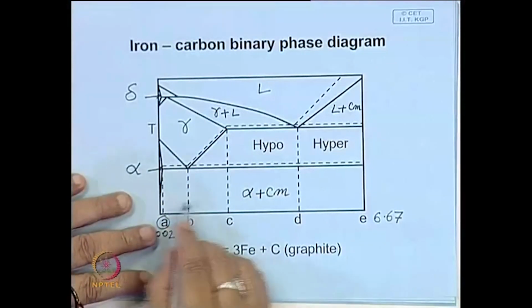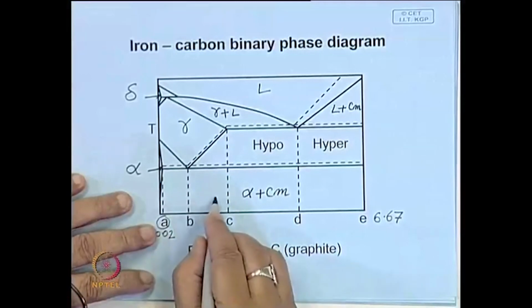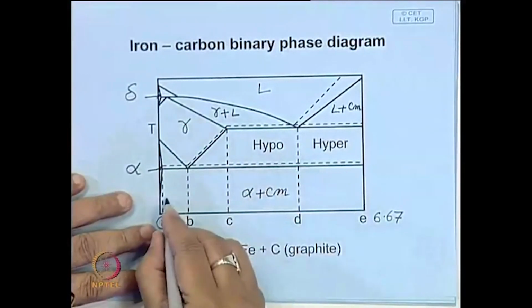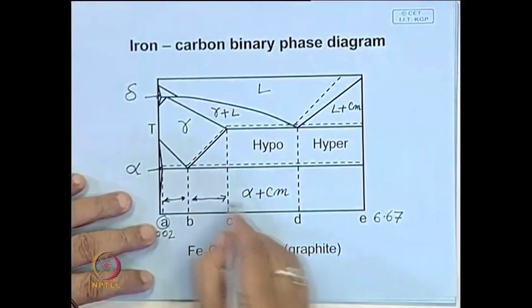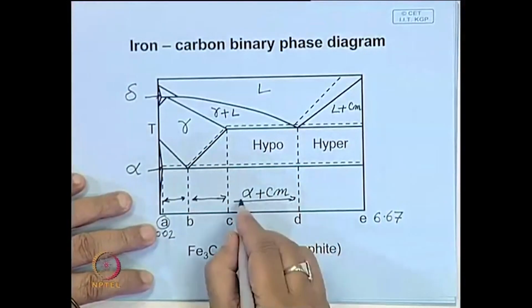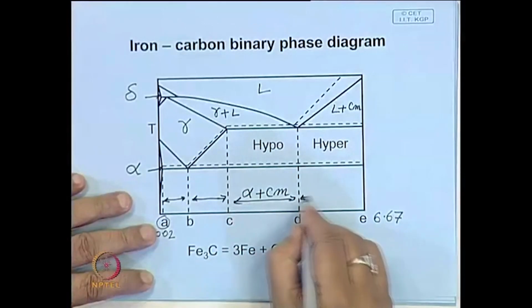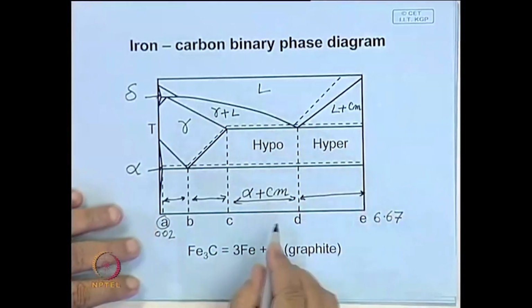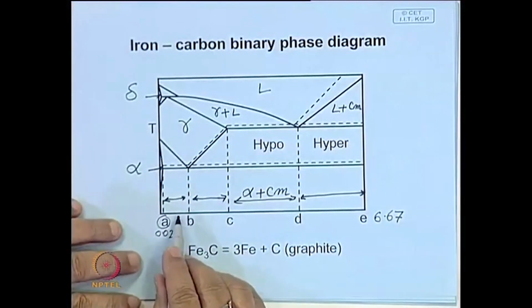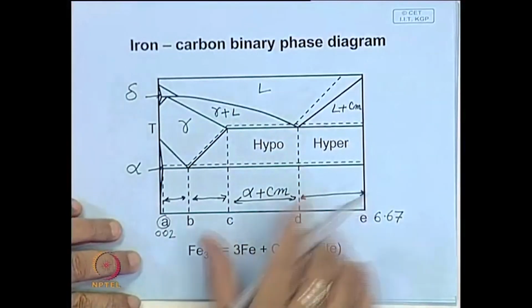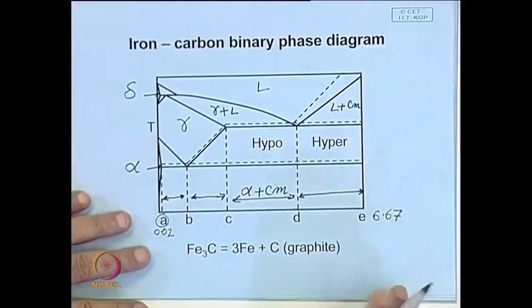As you move from region to region you have different structural features, and by looking at the structural features of an iron carbon alloy, it is possible to guess the amount of carbon present.